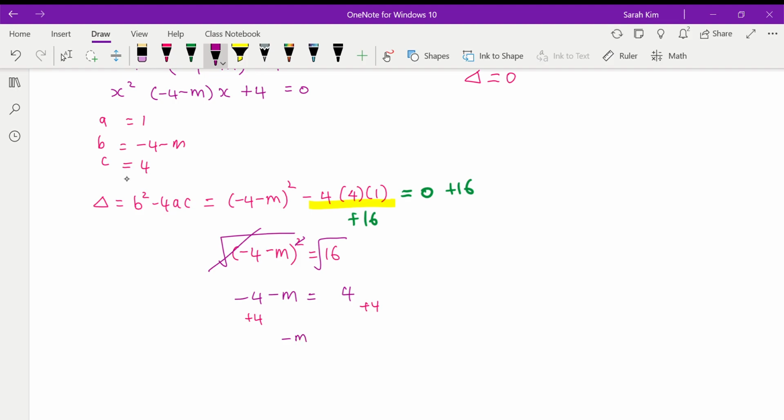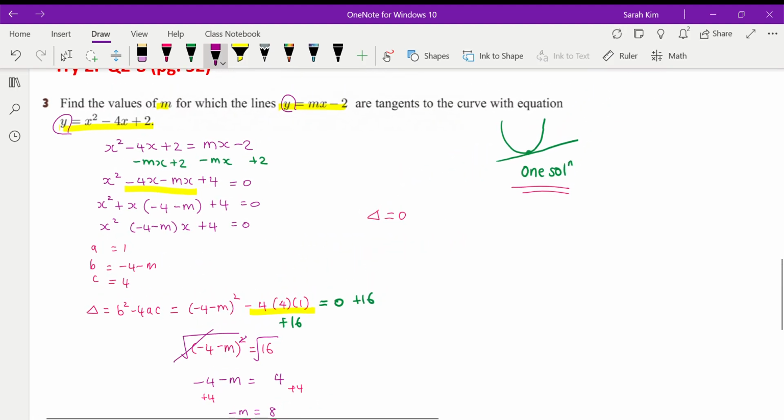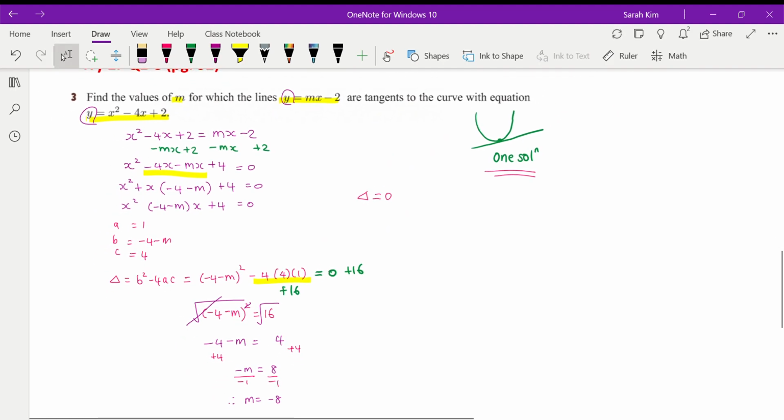So we get minus m equals 8. To get m by itself, I divide by minus 1. So my m is going to be negative 8. I think I just had to find my m, which is done.